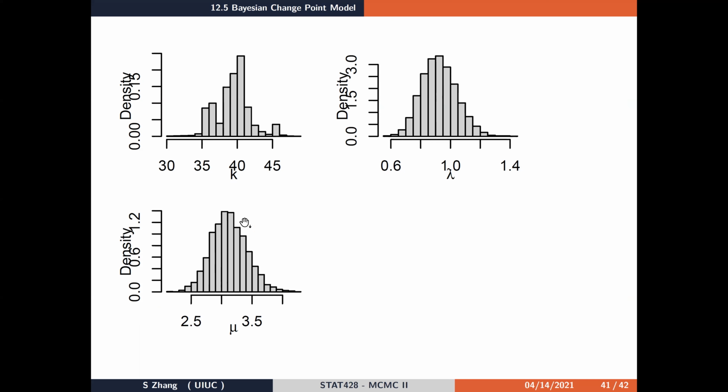So the change point is probably estimated to be around the 40th year. And then before that, the number of accidents follows a Poisson distribution with a mean that's less than 1.